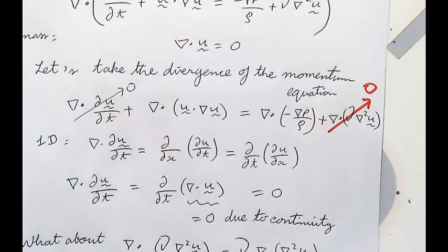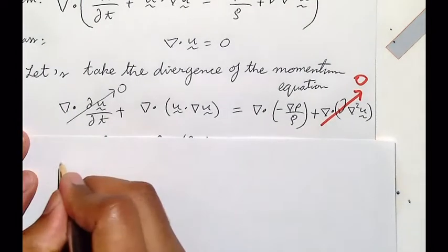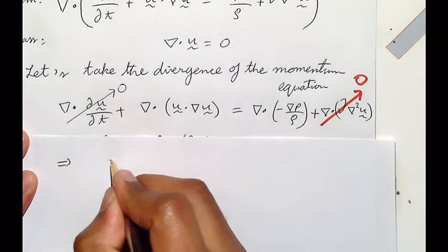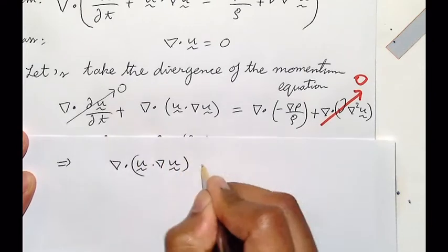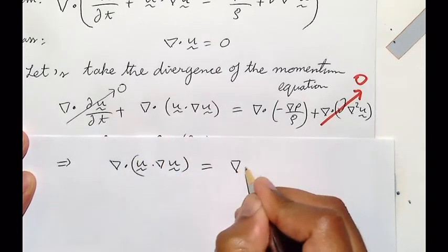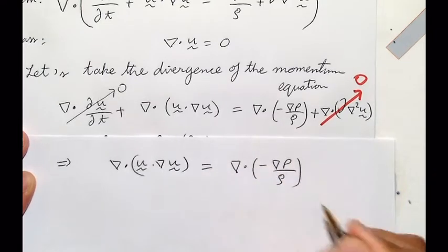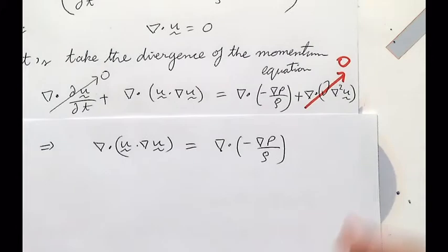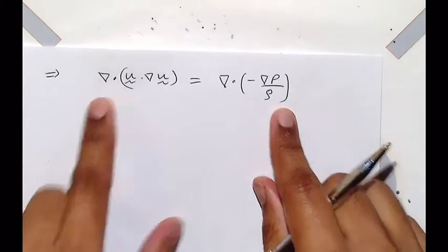So let's see. What remains is nabla dot of u dot nabla u, which equals nabla dot of minus nabla p over rho. The other terms have gone to 0.